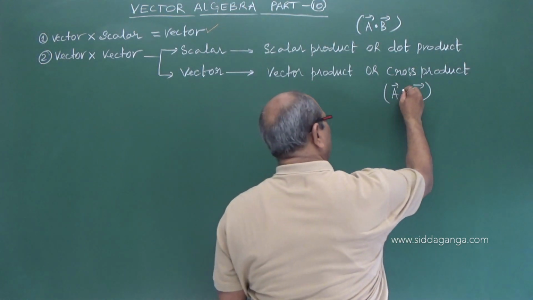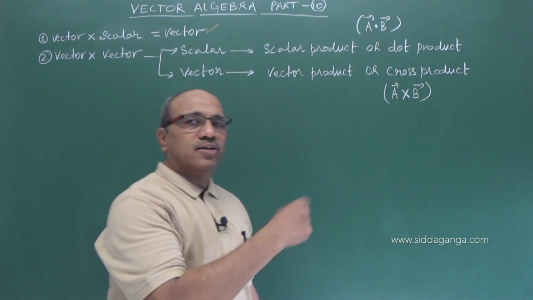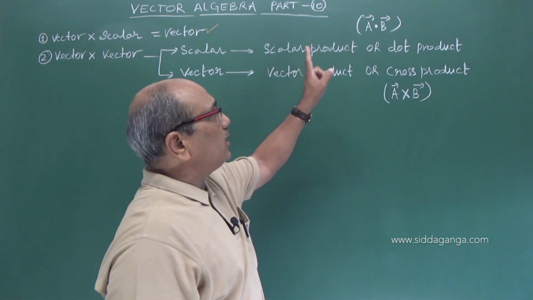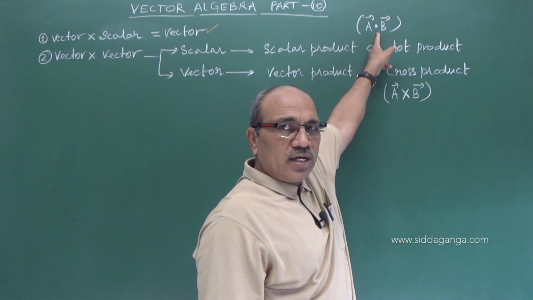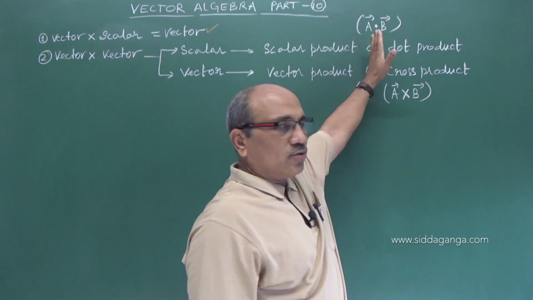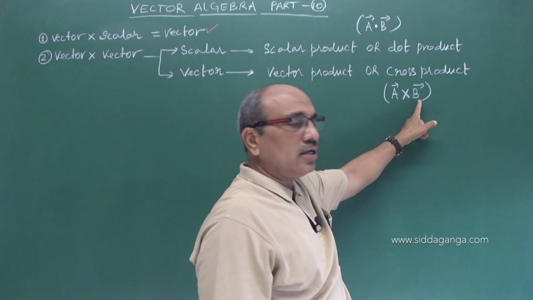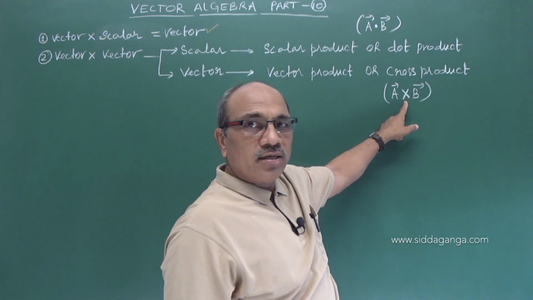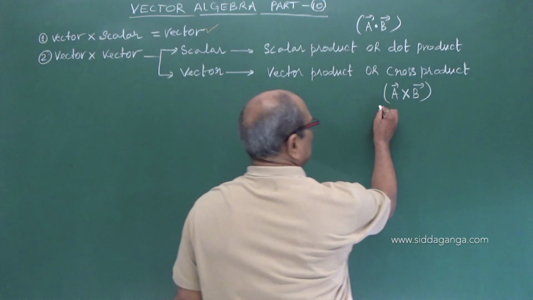It has some significant meaning, and the answer we get on the right side is different from A into B. It is not A into B, it is A cross B, that is not A dot B. The dot product has only magnitude, no direction. In this case A cross B, the cross product or vector product, has magnitude as well as direction. That we can see later.